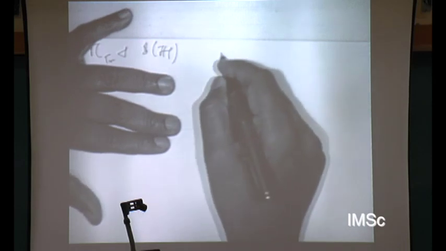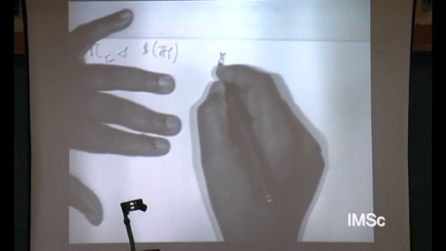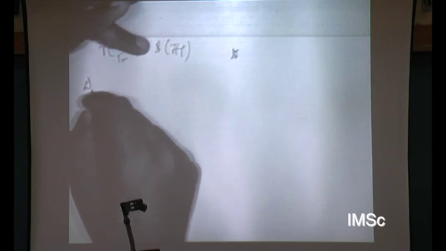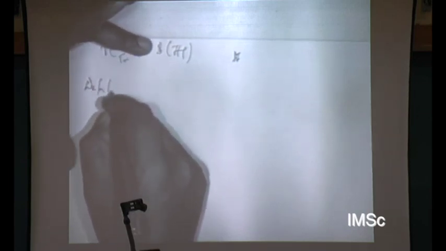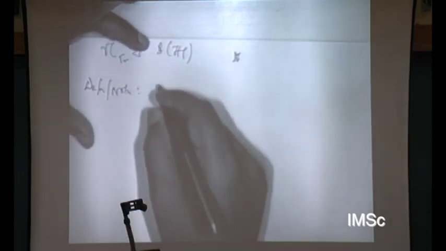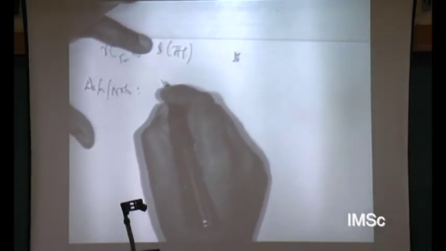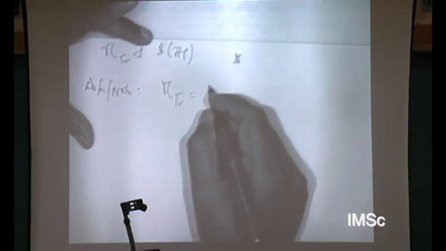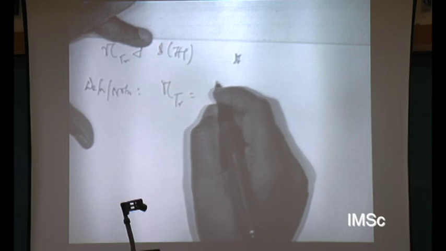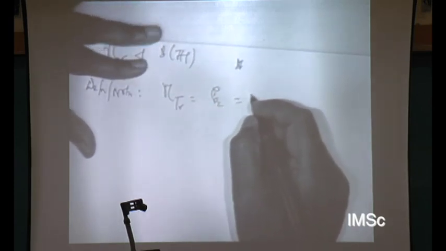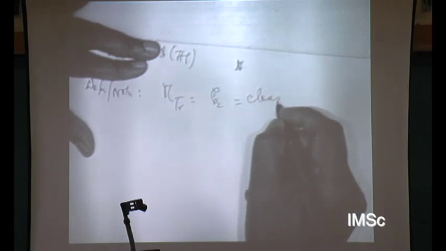So a notation or definition: this n trace I'll denote by C2, the class of Hilbert-Schmidt operators.